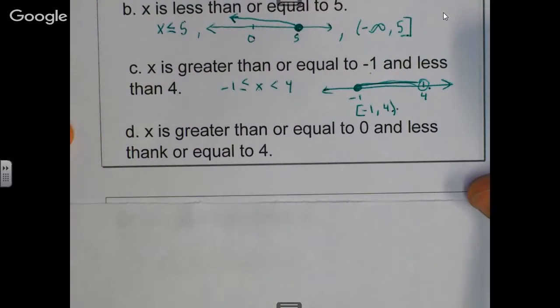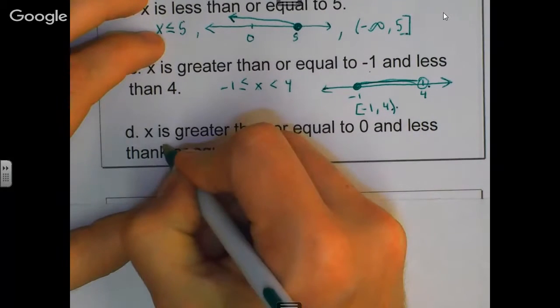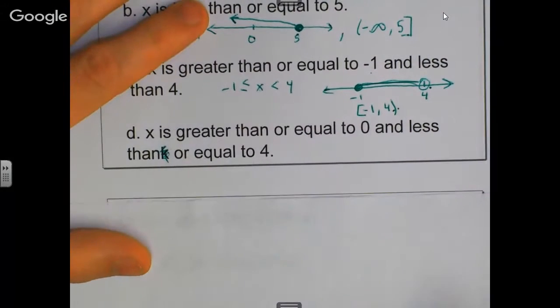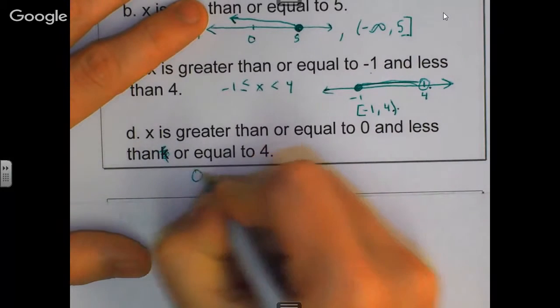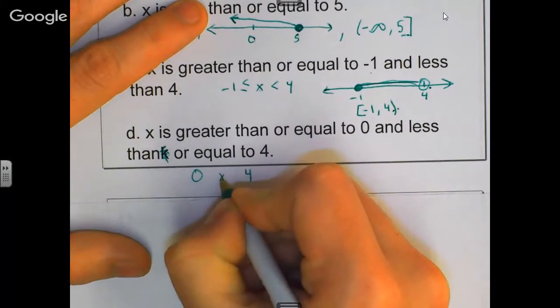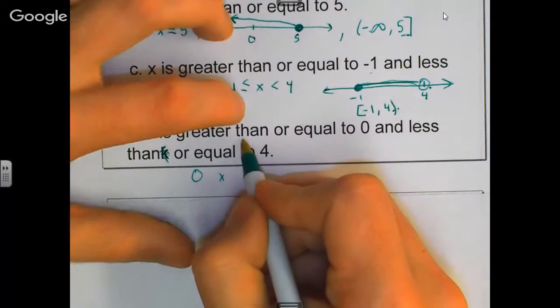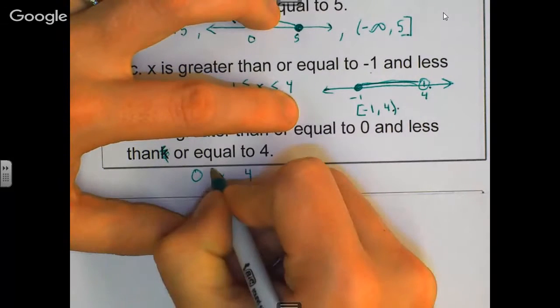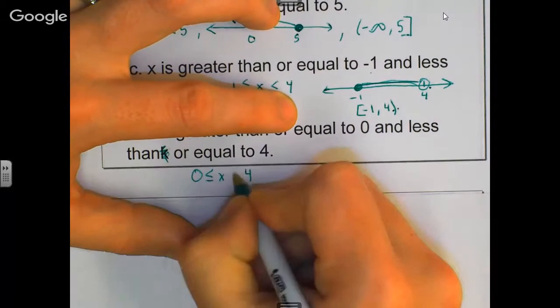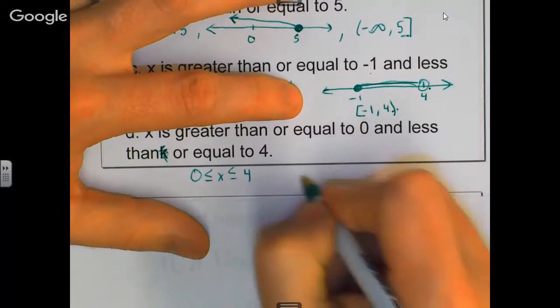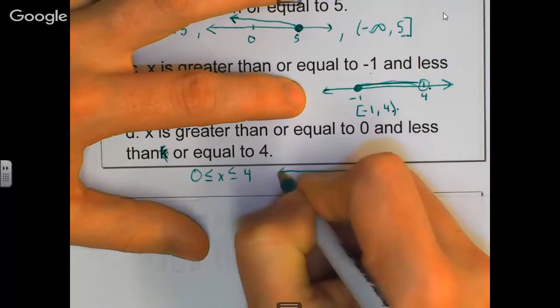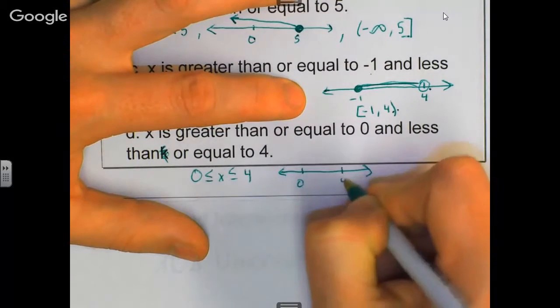Okay, x is greater than or equal to 0 and less than or equal to 4. So again, we're looking at 0 and 4 and x. So x is greater than or equal to 0, but less than or equal to 4. If I go to my graph, I've got 0 and 4 on my number line.